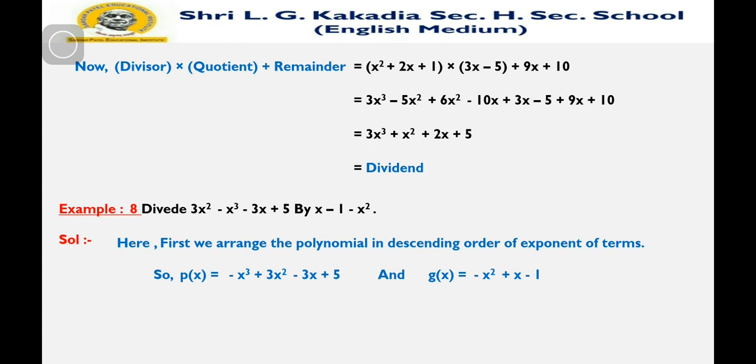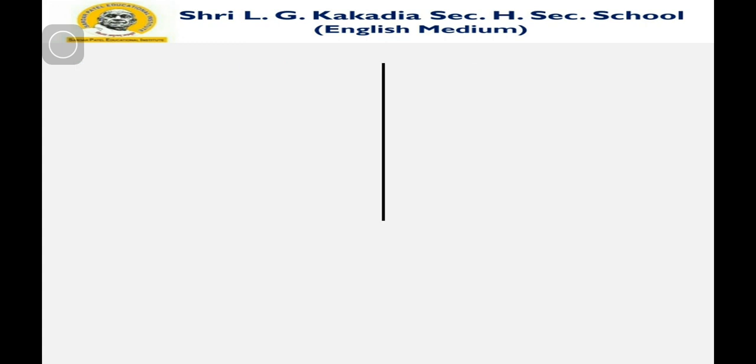So let me go for our division. We first put it in division, that is minus x cube plus 3x square minus 3x plus 5, and we divide it with minus x square plus x minus 1.